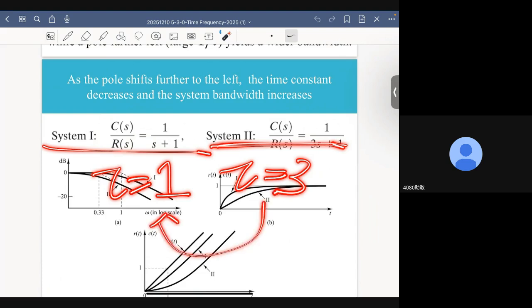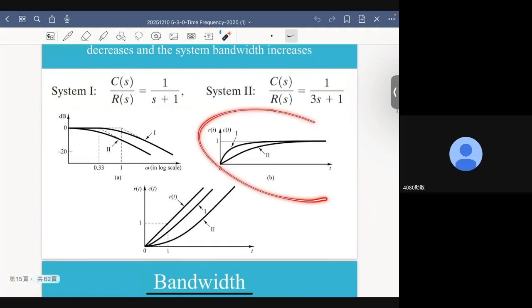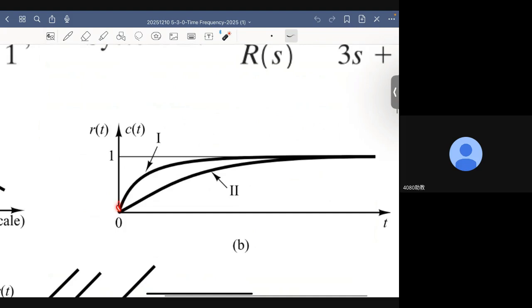Now, from what we have just learned, we expect system 1 to have a faster response, a higher speed of response. And this is exactly what we see in figure B. Here, system 1 has faster response because it reached the target faster, in less time.